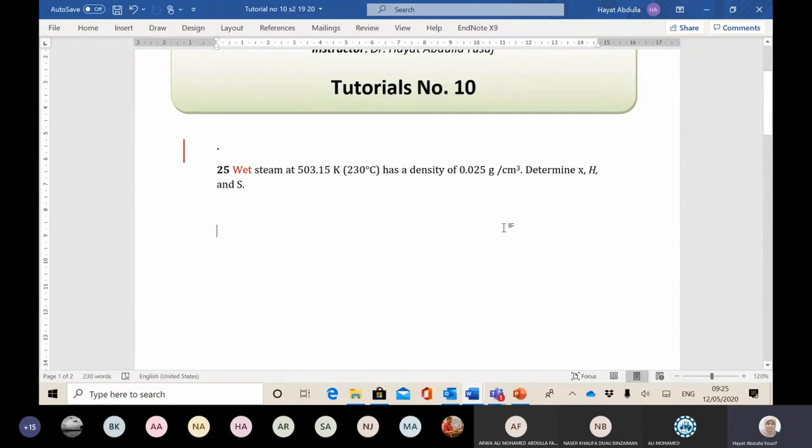Please accept the oral discussion, and then follow up when you start solving. The temperature is given, so if it is saturated mixture, then table F1 will be enough. You go to temperature 230 degrees, and what is given here is the density.